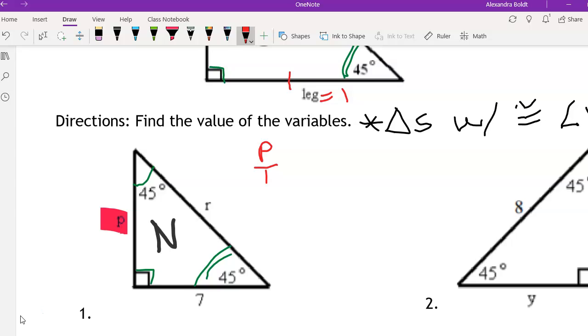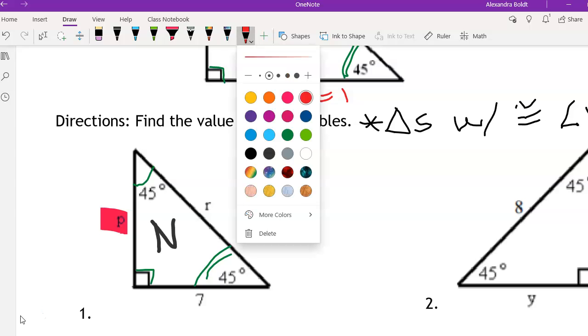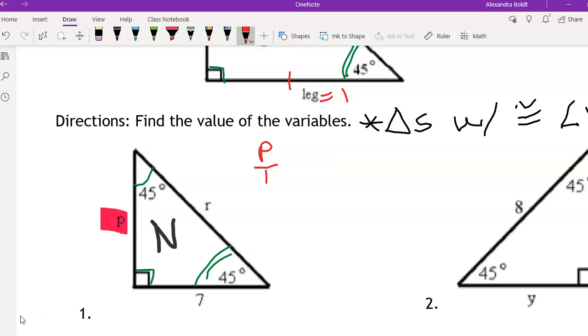Okay. Equals. Now here, I could then either choose R or 7. Well, I'm going to choose 7 because it's an actual number. Okay, I can't have two variables. 7 is also between a right angle and a 45-degree angle.